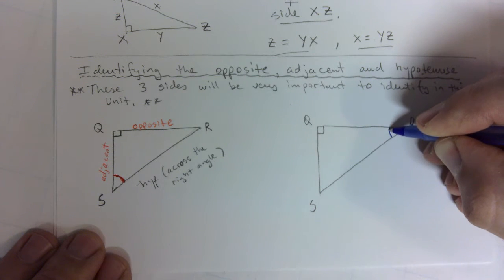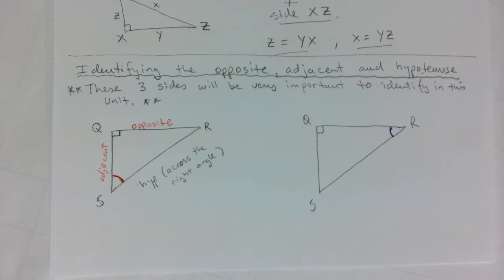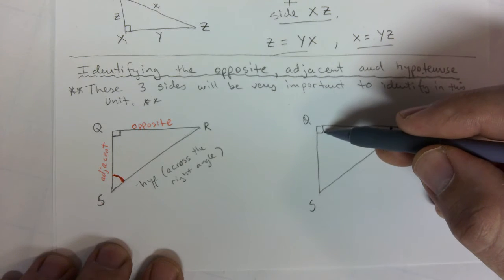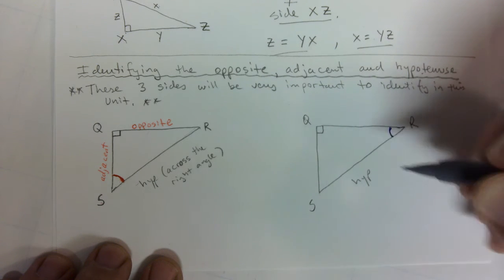And in this case, this is going to be the angle that is referenced. They will have to give you one of the acute angles with that little arc on it, or they will say, hey, look out from this angle right here. And from that angle, the first side you identify before you even get started is the hypotenuse. This is the hypotenuse still.